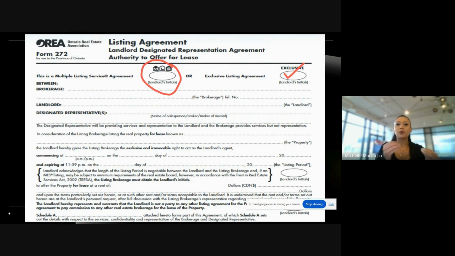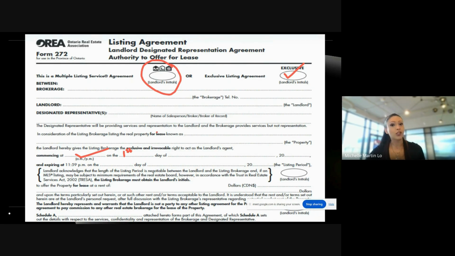Now in time when it's going to be listed, remember the date of commencing. The date of commencement means it's the day that it goes live on MLS. So if you're going to be putting December 1st, you have 24 hours to do that after getting it signed.